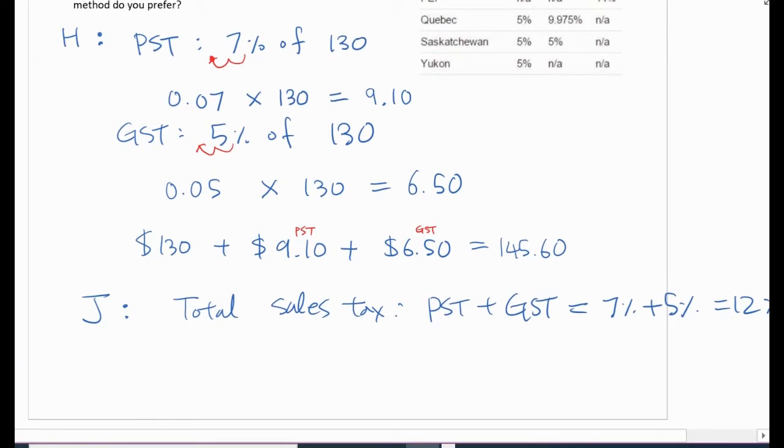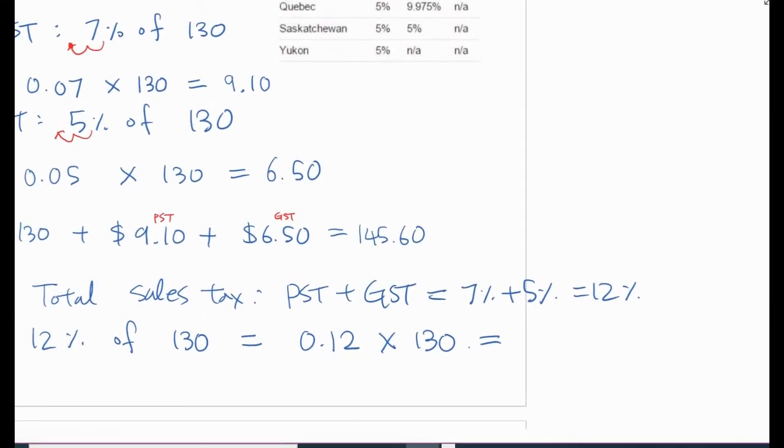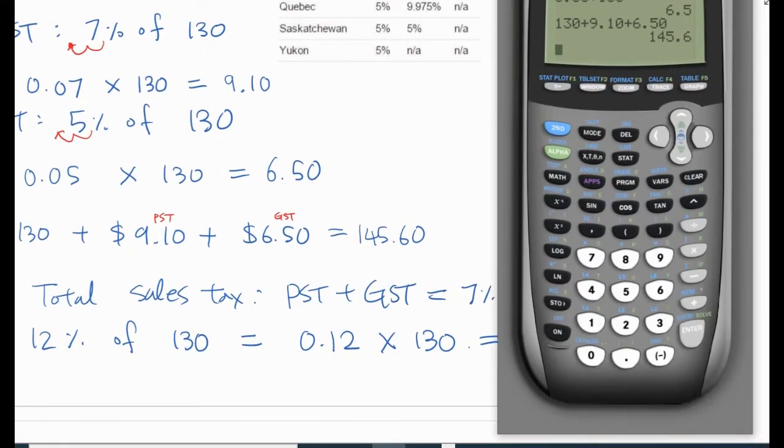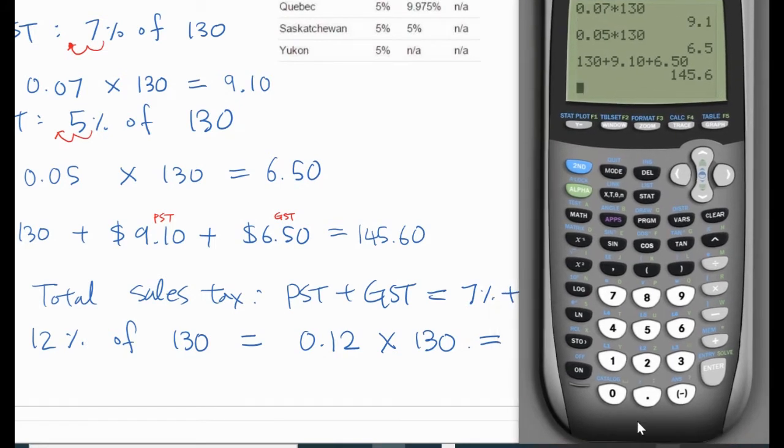So we're going to find 12% of 130. Right? Then 12% is 0.12 of, which is times 130. Let's find it. 0.12 times 130. That's 15.6.